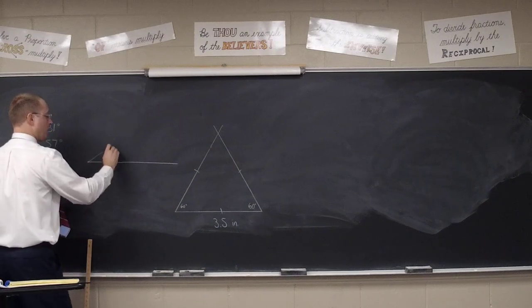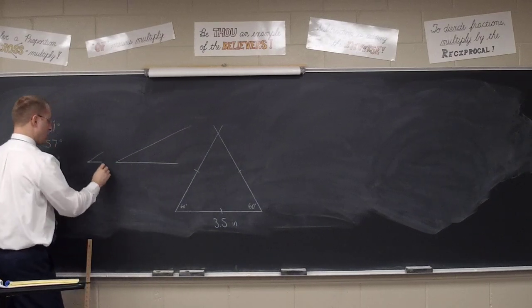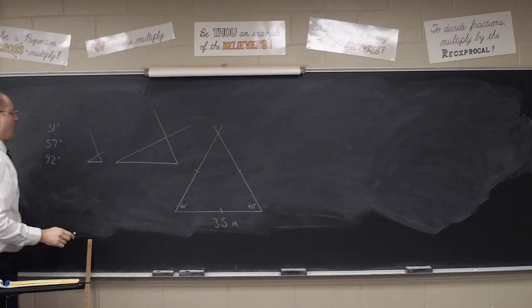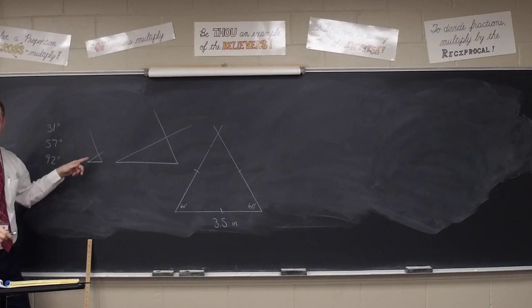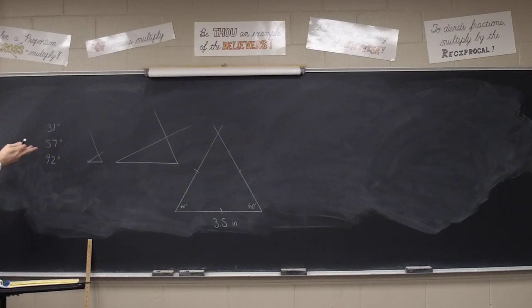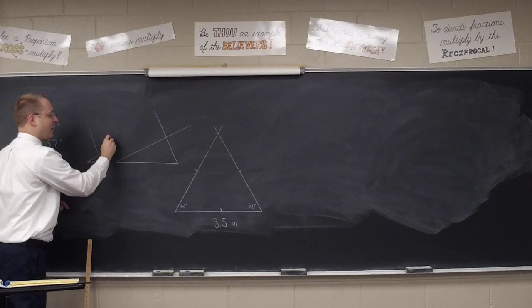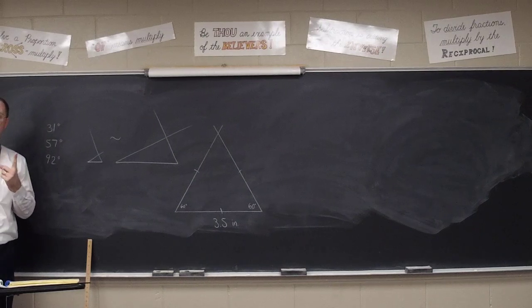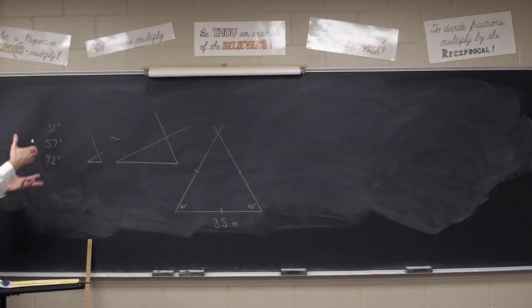But you draw your 31-degree angles, your 57-degree angles, and you have your 92-degree angles already there. What's going to be true about the triangles we draw, class? They will be similar to each other, right? They'll have the same shape, but unless you know a side, you don't know how big to make it, correct?